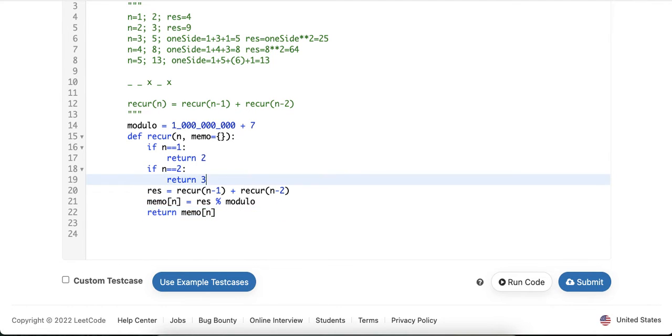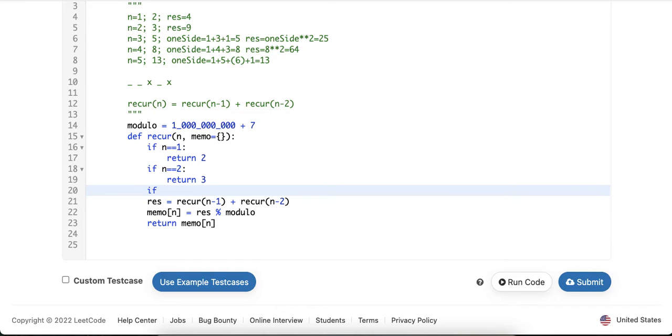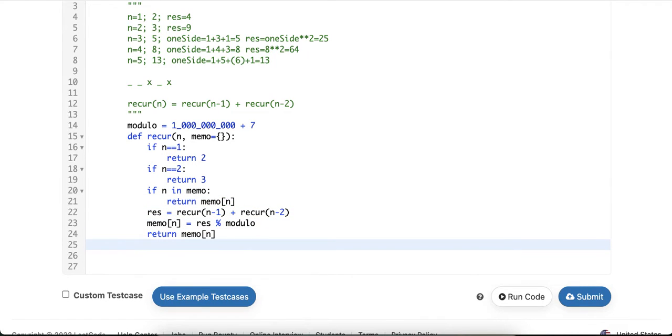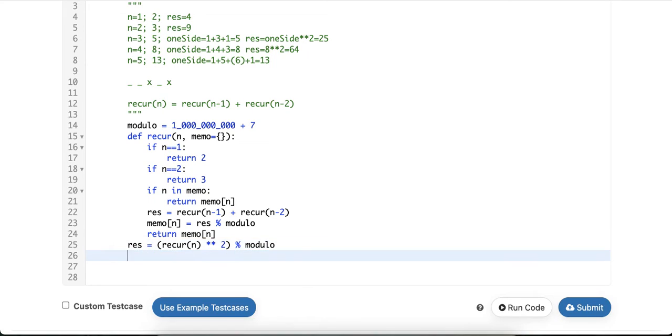Because we already memorized it, if that n is in the memo, we just return what we already calculated. And as the final result, we do the recur, giving the n, and we do the square. Not to forget, we need to modulo it, and we return that.